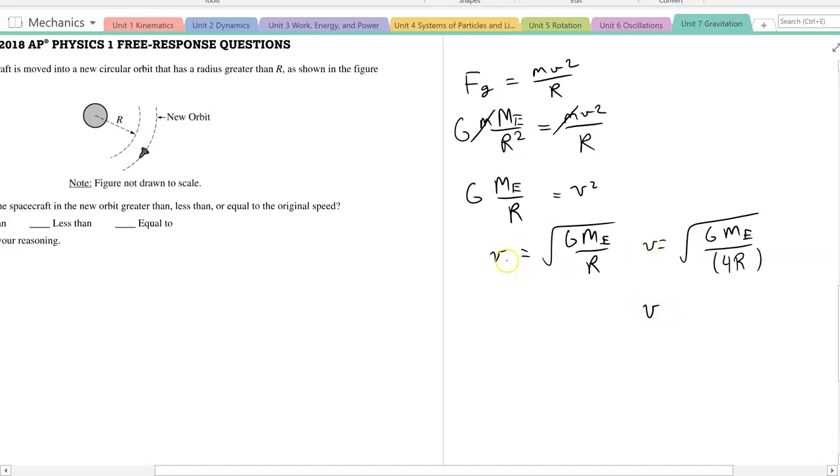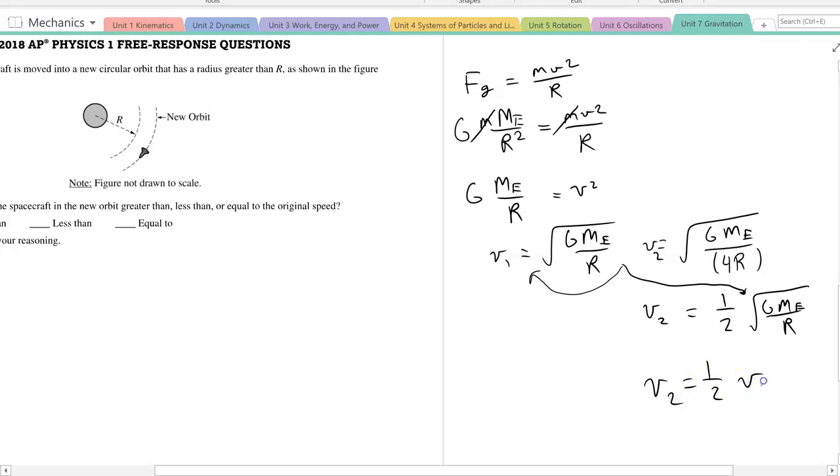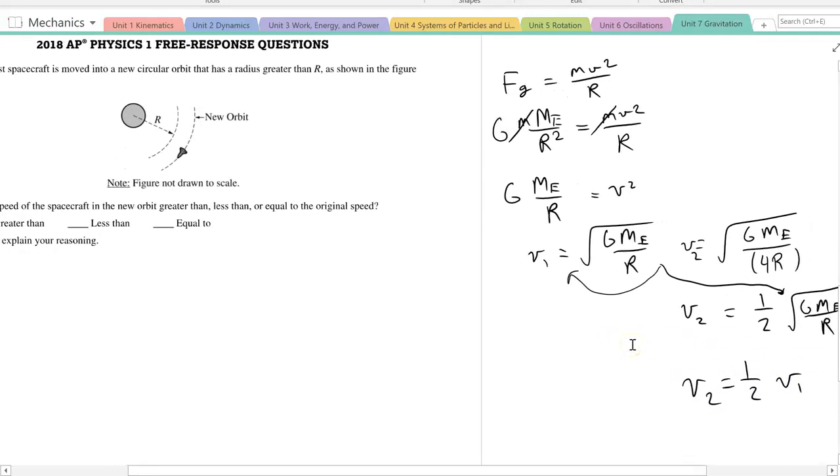So this is case 1 and this is case 2. Case 2 is equal to 1 over 2 times the square root of GMe divided by r. I just took out that 4. But notice that this is the same as this. In other words, I can replace it. The new speed is equal to half of whatever the original one was, meaning that it is less than.